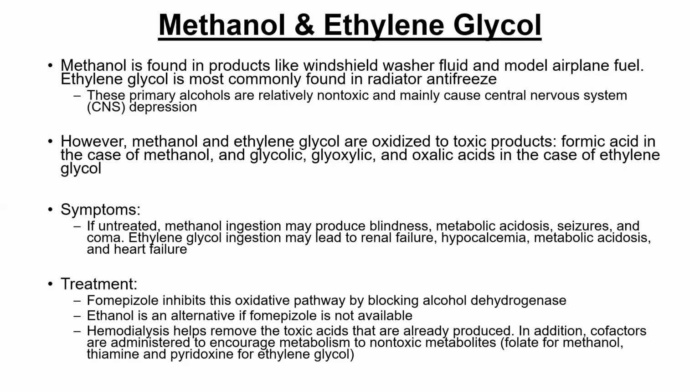They themselves are relatively non-toxic, as we saw in the previous slide, and mainly cause CNS effects, but once they convert into the metabolites, that's where the toxicity comes from. We talked about how methanol and ethylene glycol are oxidized to toxic products, forming formic acid in case of methanol, and glycolic, glyoxylic, and oxalic acid in case of ethylene glycol.